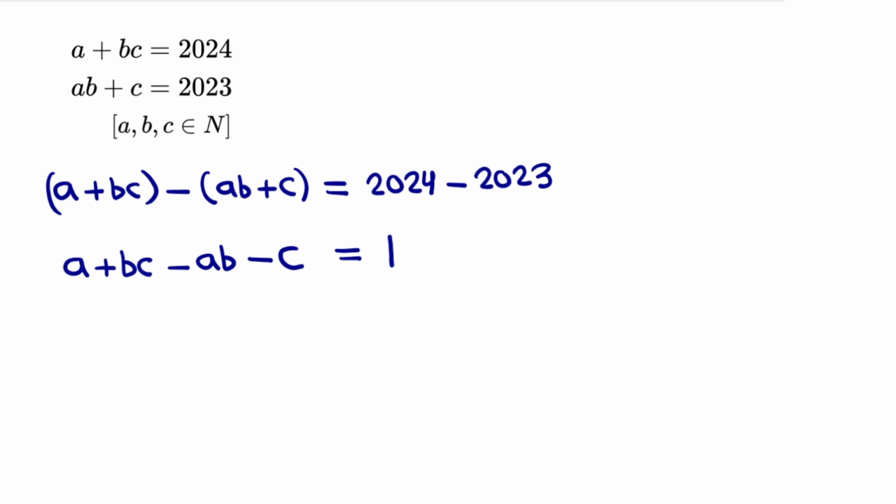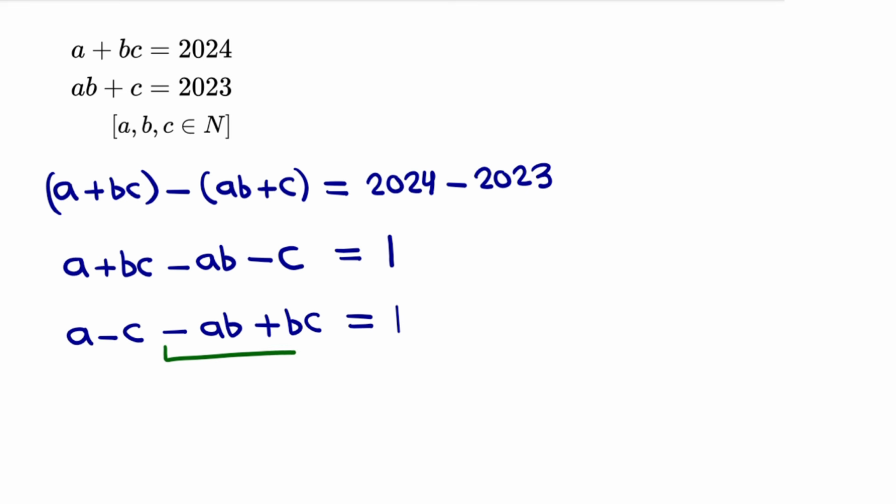Now for the left side, we get A + BC - AB - C. That looks messy, but we can reorganize it. Group the terms like this: A - C - AB + BC = 1. Now, notice something.